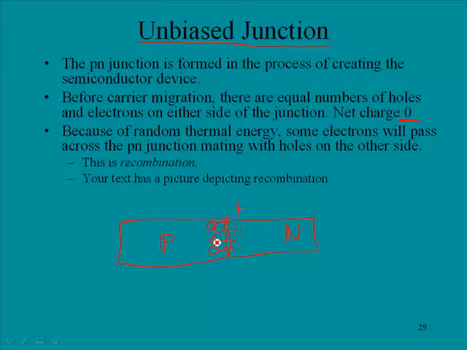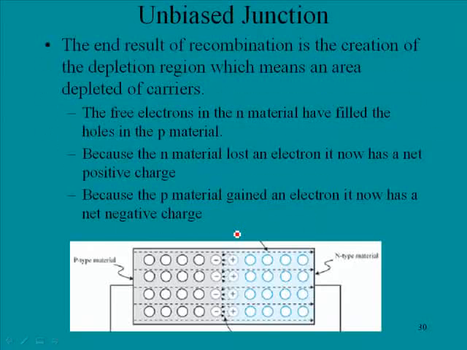The holes over here, which were net charge of 0, suddenly they received an electron, and now they have a net negative charge. And so we're going to have this region develop that has a net charge, and we're going to have a name for it.